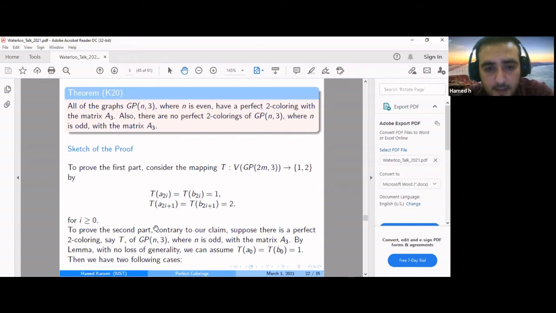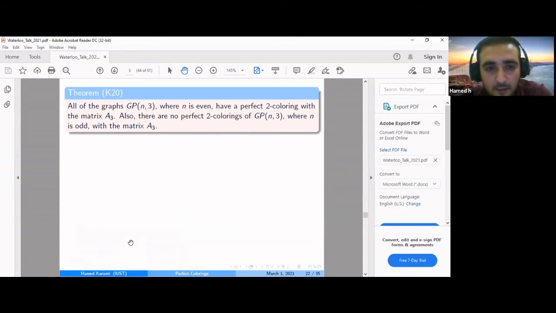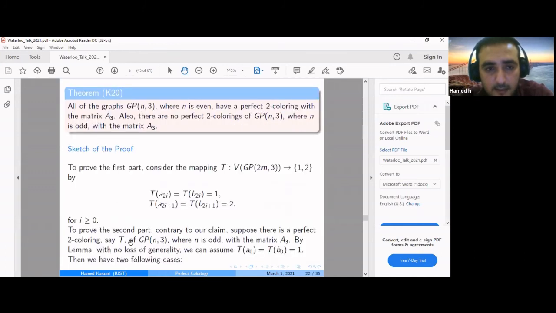And to prove the second part, we suppose that there's a perfect two-coloring of GP(n,3) with the matrix A3. By lemma, we had a lemma for GP(n,2), it is useful for GP(n,3). By lemma, with no loss of generality, there were two vertices that are the same color.